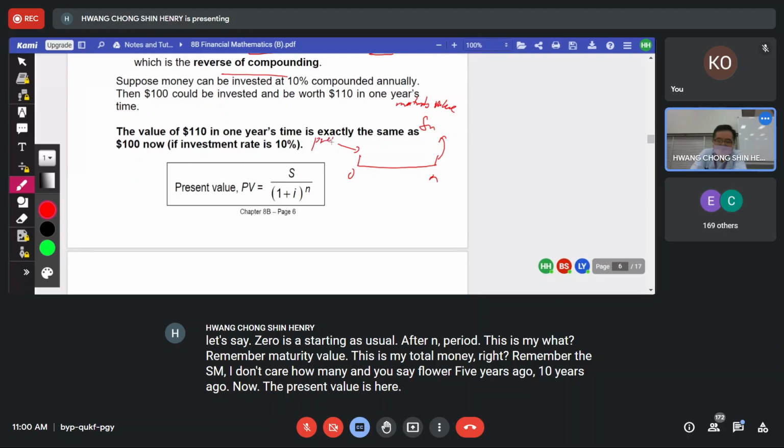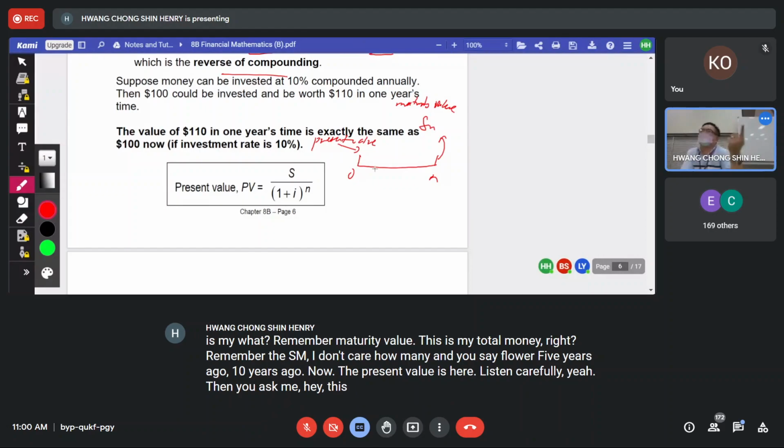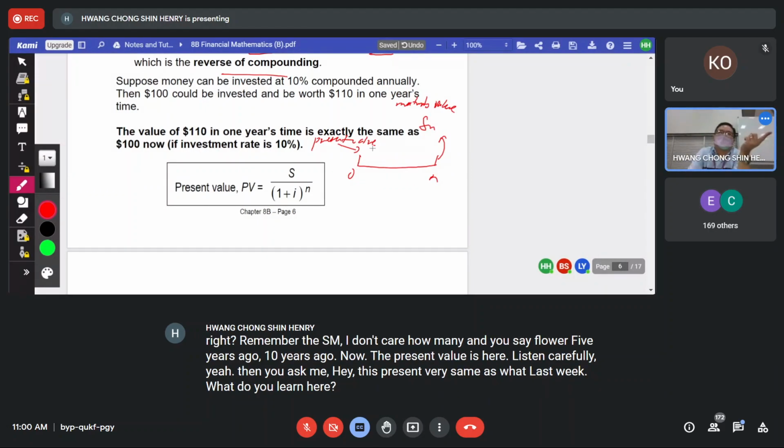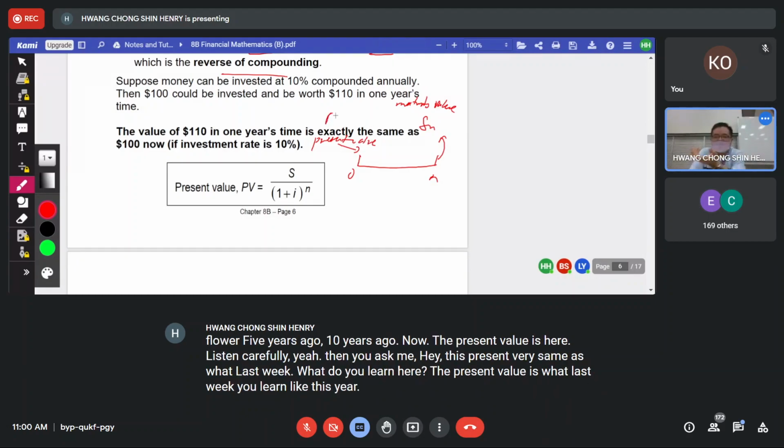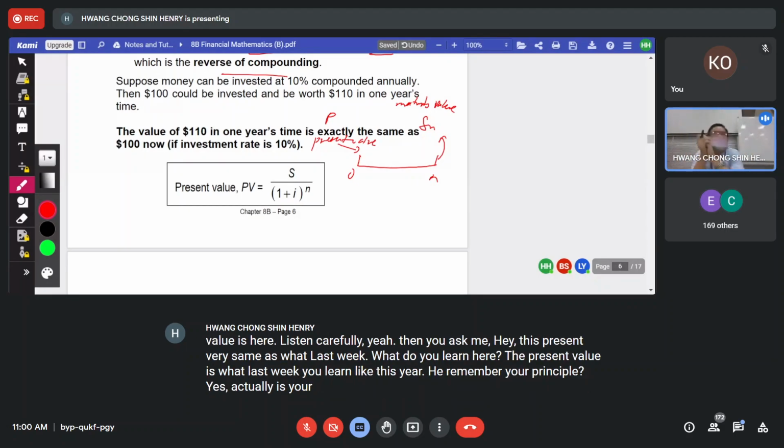Listen carefully. Then you ask me, this present value same as what? Last week, what did you learn here? The present value is what? Last week you learned, right? It is your P. Remember your principal? Yes, actually it is your present value.